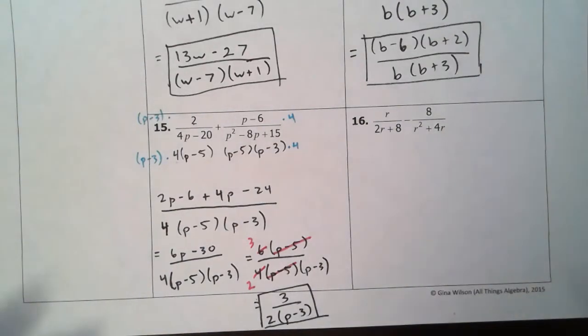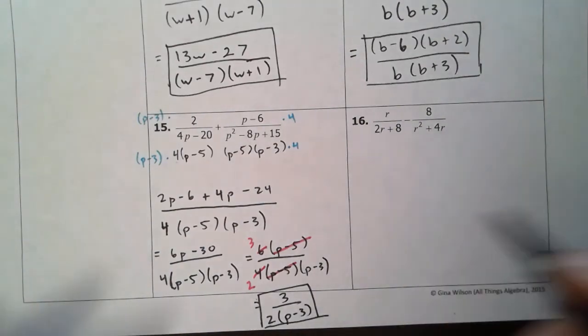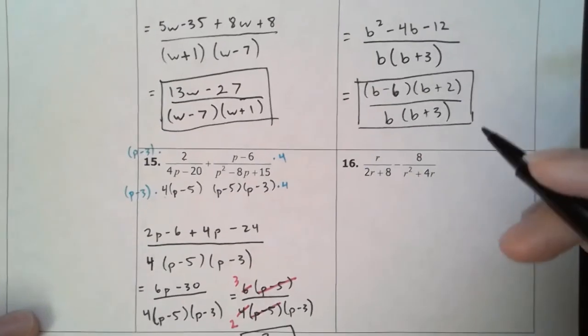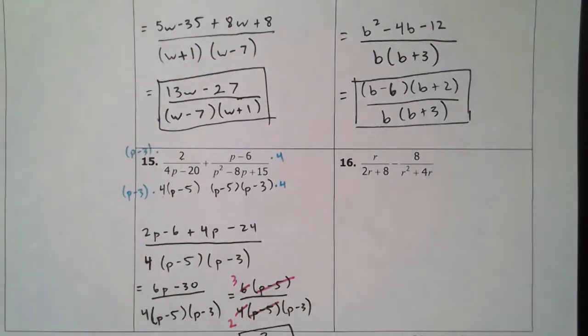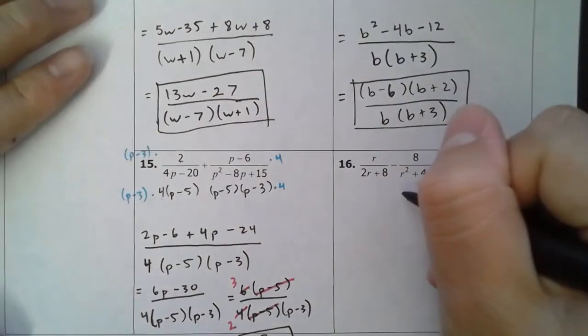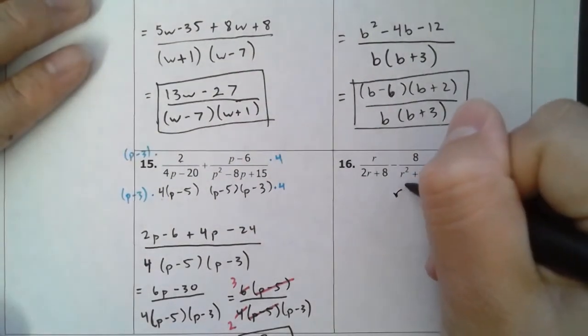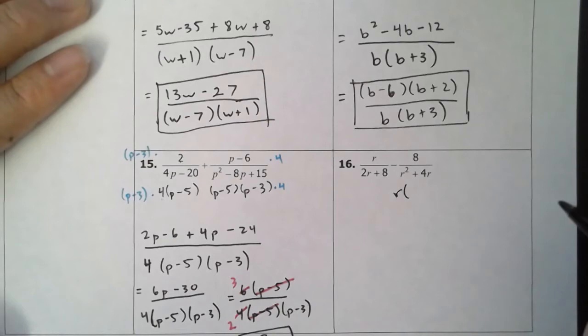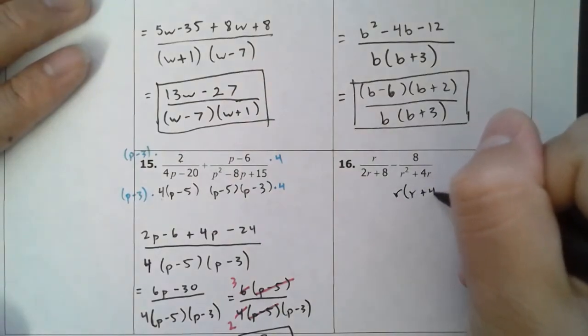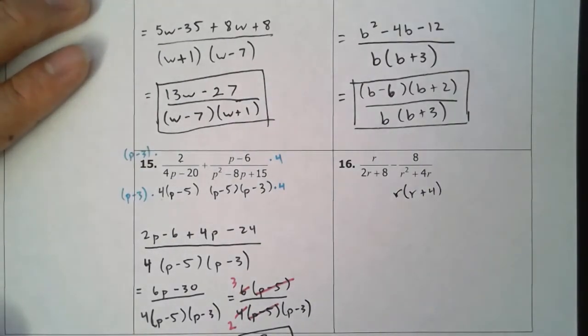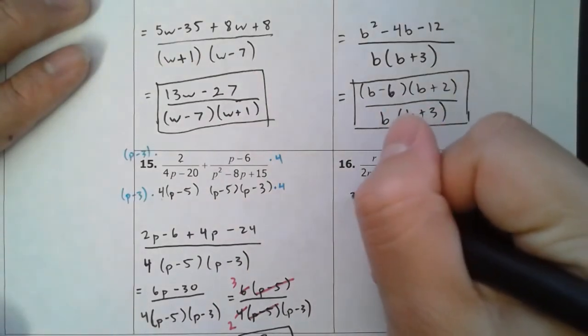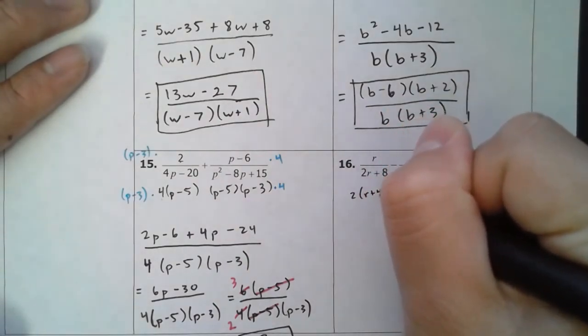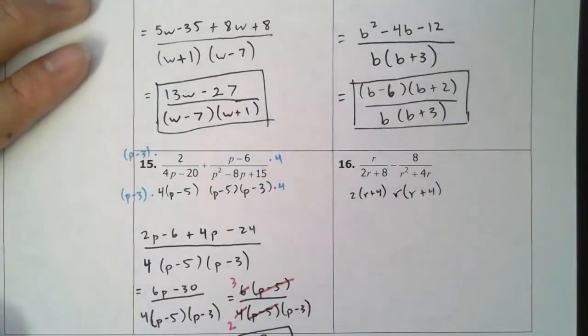So I think it's going to be the same case. I have to rewrite both sides. So I get, factor out an r here, and I get r plus 4, and then on the left side I can factor out a 2, so I get 2 times r plus 4.